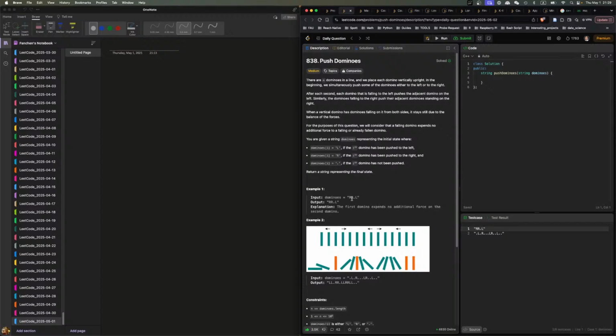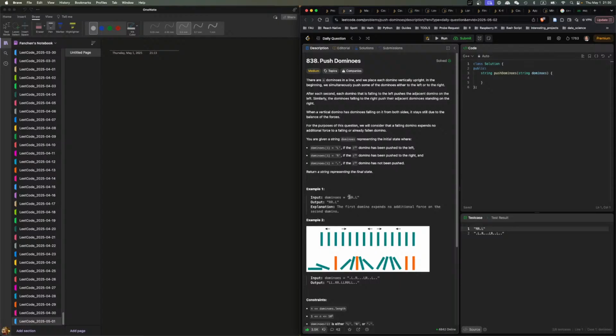So if it's right, nothing left. Has been pushed to the right. So basically this is pushed to the right and this is pushed to the left, and they meet in the middle. So this gets cancelled.